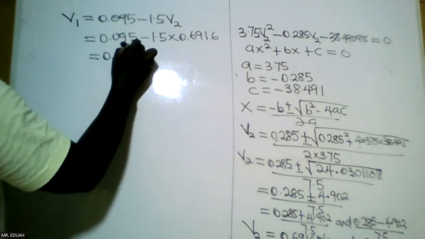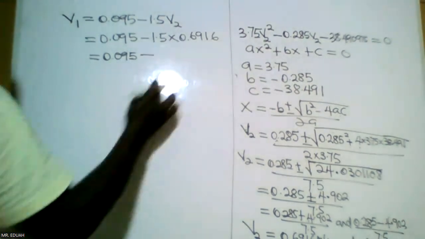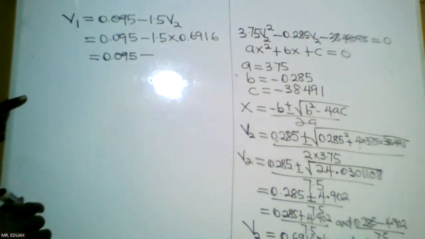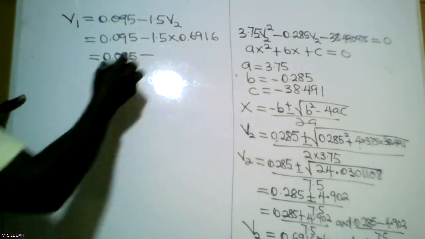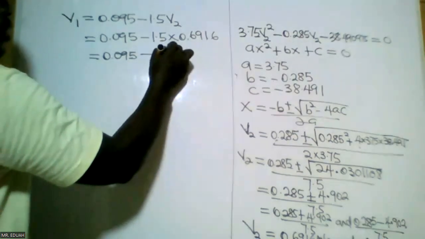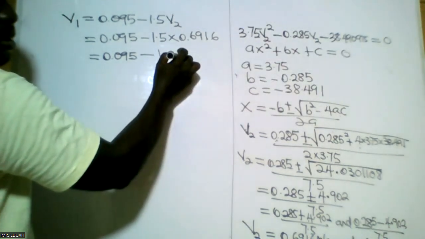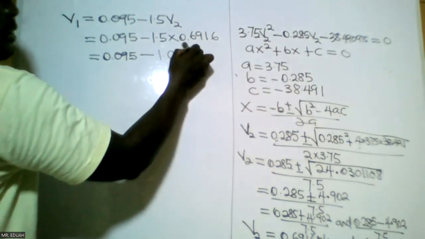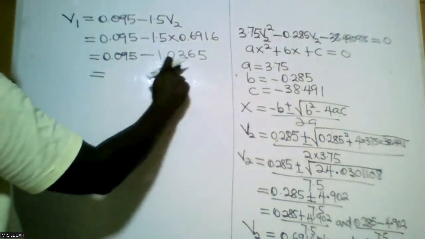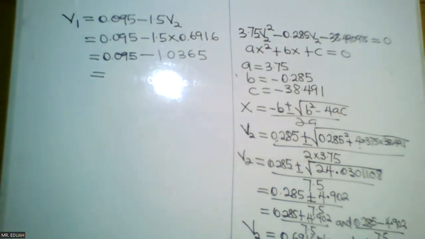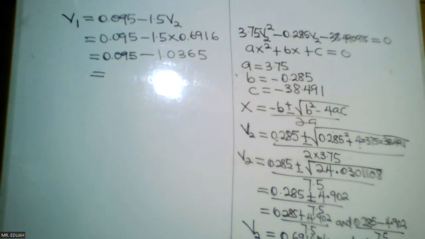What did you get? 1.0365. So subtract this from 0.095. What did you get?